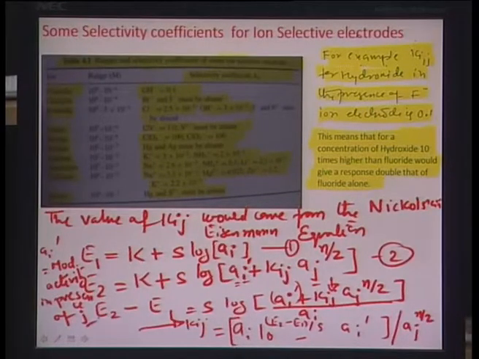Okay. Since now we have more or less covered how to calculate the activity of a particular ion of interest in a solution, and also we have seen a methodology for calculating the selectivity coefficient, now let us do a practical example wherein we have, let us say, two participating solutions, okay, and we have data of the EMF from the pure solution as well as the mixed phase, where both the ions are participating, and we try to calculate what the Kij or the selectivity coefficient would be.